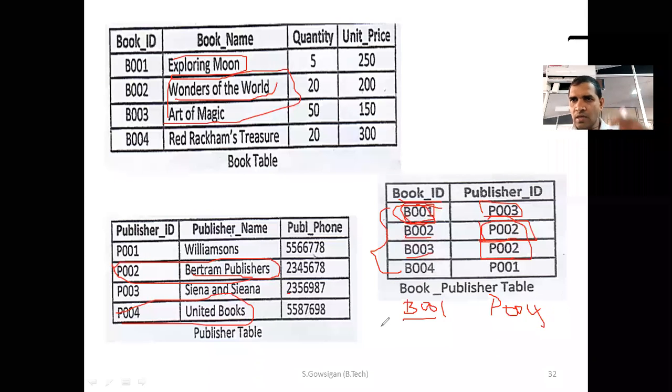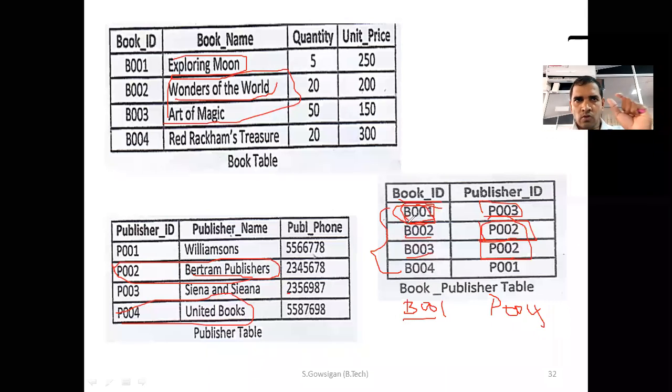For grade 10 students, this is actually not needed, but I tell you because it is important. If you can understand, this is better, right? So your answer is of course correct, but there is always a problem: the book ID can be repeated because one book can be published by two publishers.